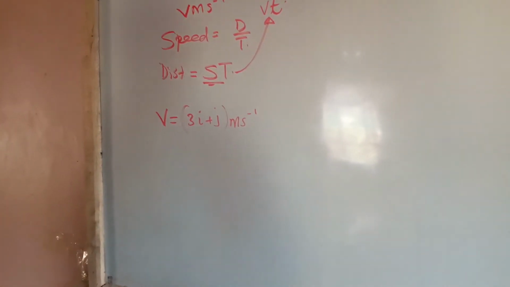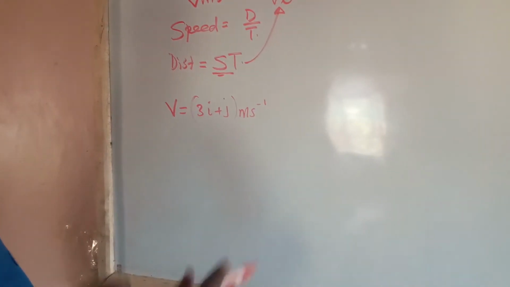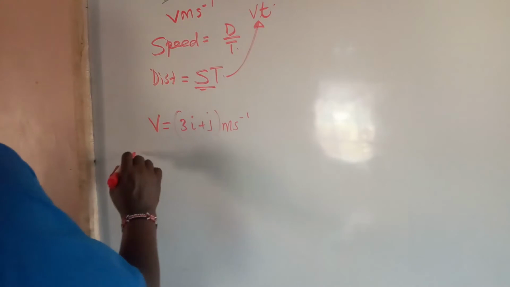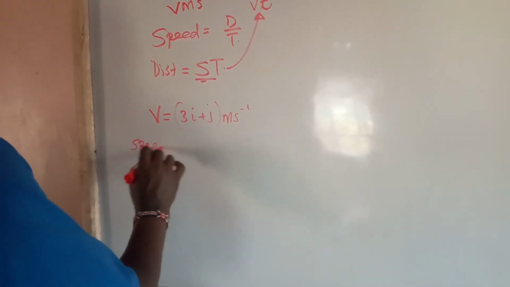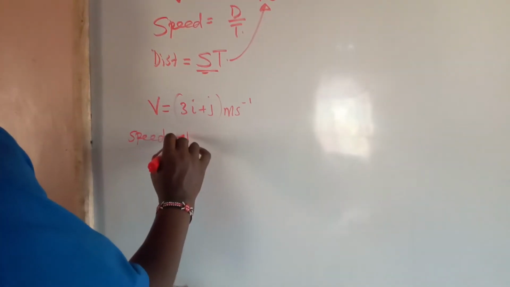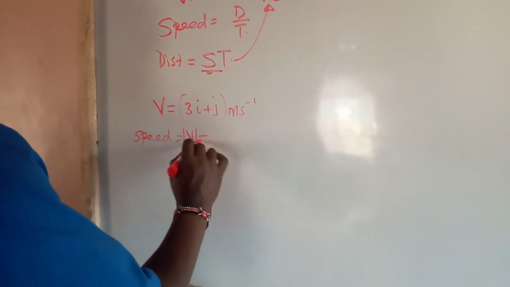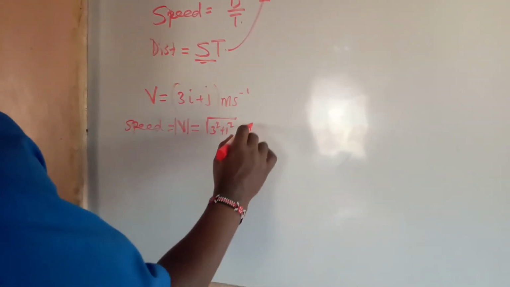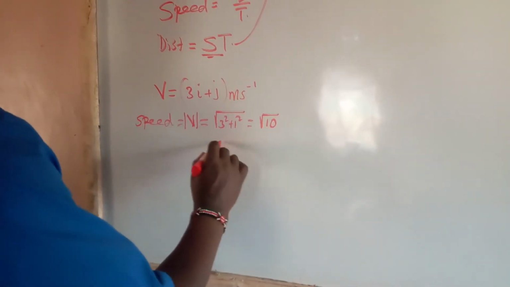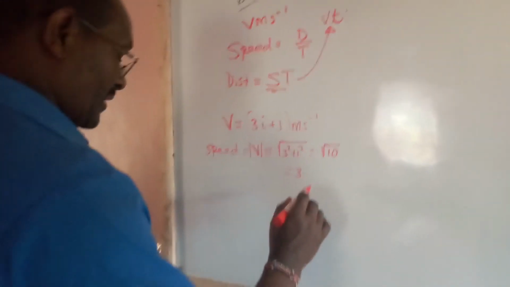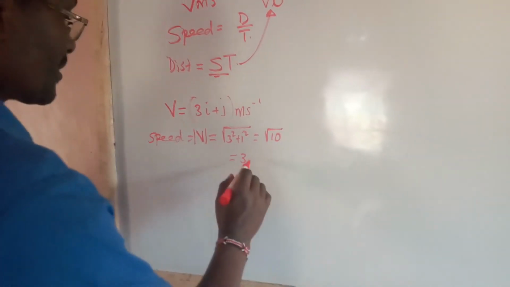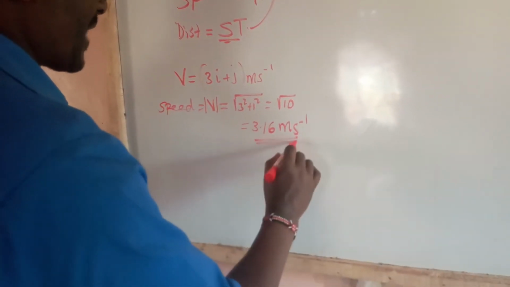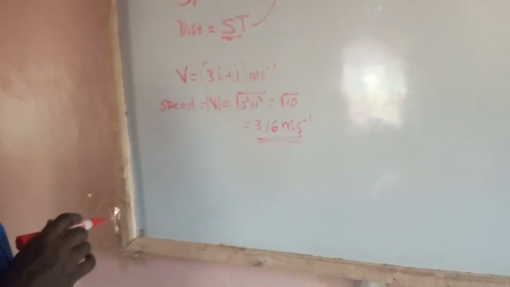The speed is the magnitude of the velocity, which is the root of 3 squared plus 1 squared, which is the root of 10, which is equal to 3.16 meters per second. That is the speed of that particular particle.